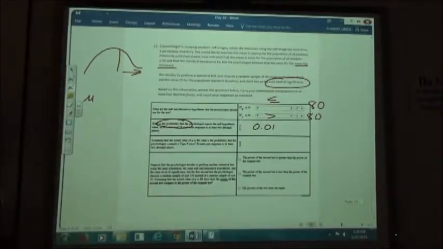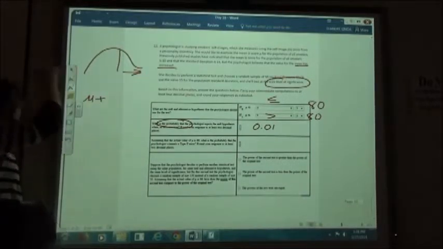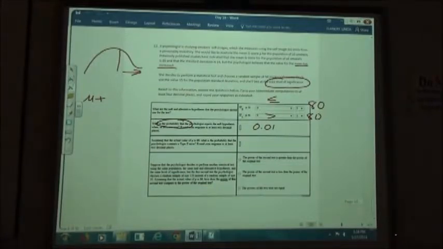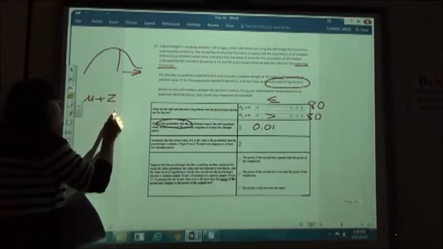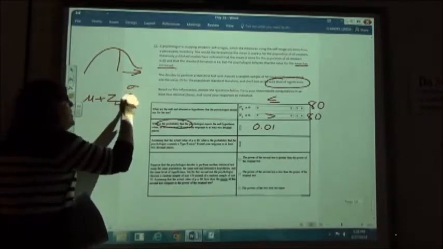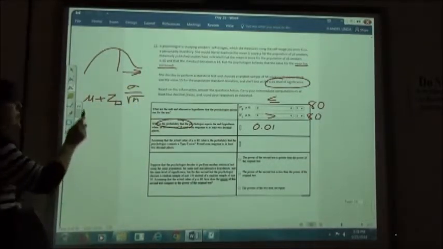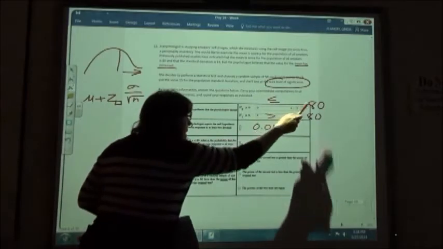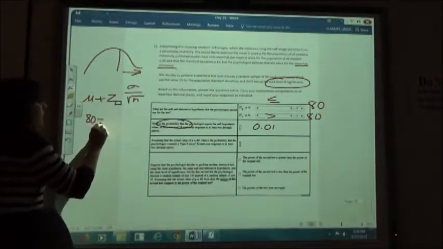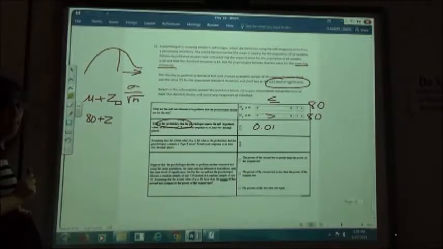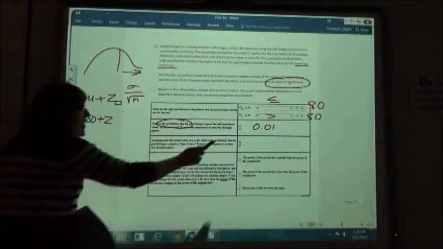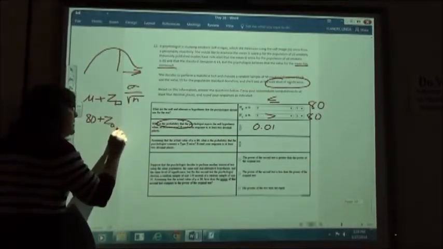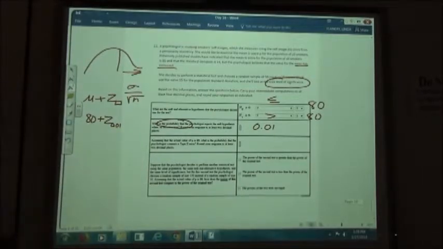And should we use a plus or a minus when we do our formula? Plus. We're going to do a plus because we're going to the right. If it's a minus, we would be going to the left, so we use the plus. Then we had z sub standard deviation over the square root of n, right? So my mean, this number here, 80 plus z sub, and that sub number is your level of significance, so 0.01.